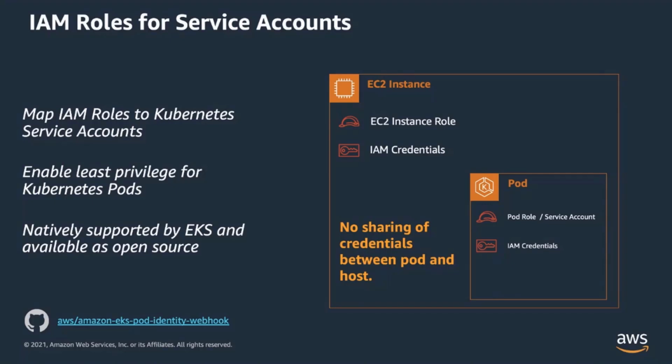Let's say, for example, we have an application running in our Kubernetes cluster that needs access to an S3 bucket. To enable this access, we would add the S3 access policy to the IAM role that's assigned to every Kubernetes node in the group. This would mean that all the other applications running on those nodes would also be able to access S3, even if they didn't need it. And this would violate our least access principle.